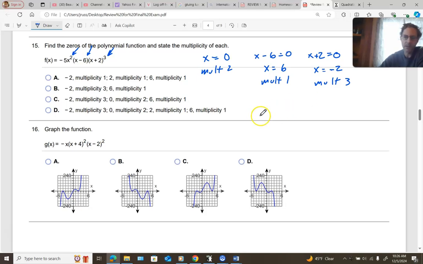Okay, so you just pick this out. -2 has a multiplicity of 3. 6 has a multiplicity of 1. Let's see. Oh, well, -2 a multiplicity of 3, 0 a multiplicity of 2, and then 6 a multiplicity of 1. Okay, so it's C. So be careful when you're picking these out.